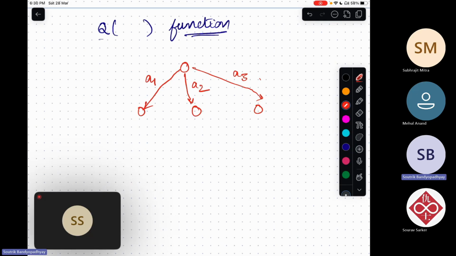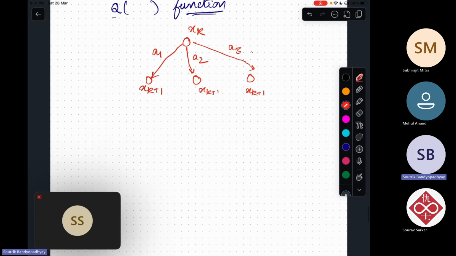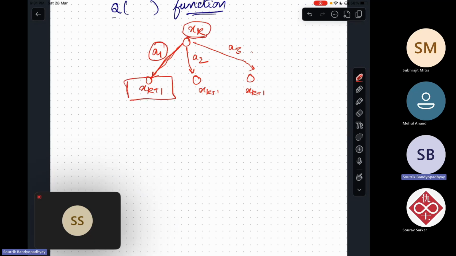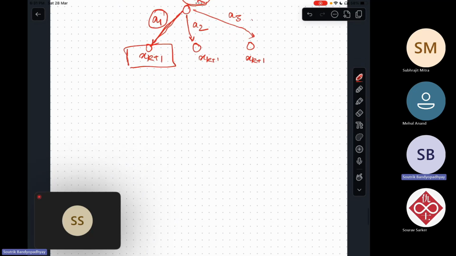This is x of k, x of k plus 1. Here I have drawn a very deterministic arrow. So if you are at state xk and you take action a1, you would land here. But that may not be the case, right?